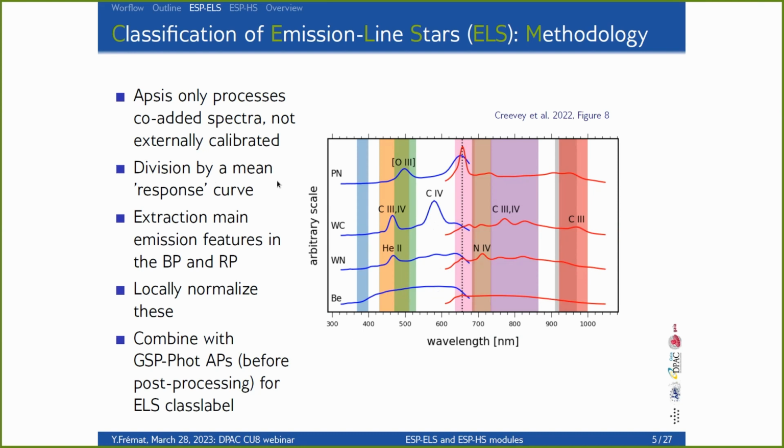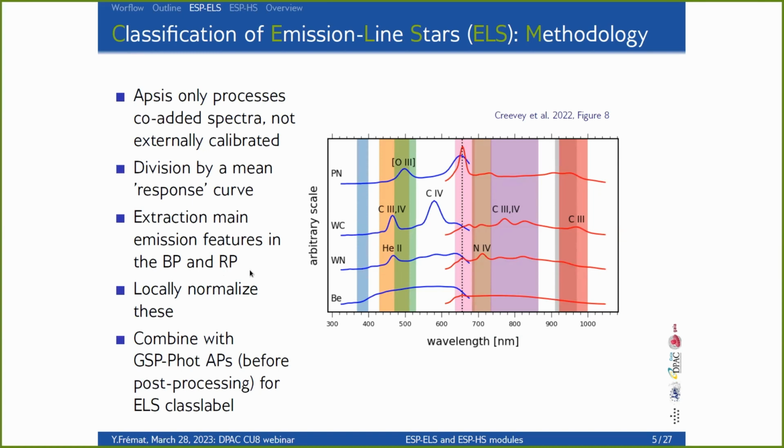So in the ESP-ELS package, we do not work directly on the complete BPRP information. We decided to extract the most pertinent information. So we decided, from a list of emission features, to extract from the BP and RP data. We extract these features and we normalize these locally.